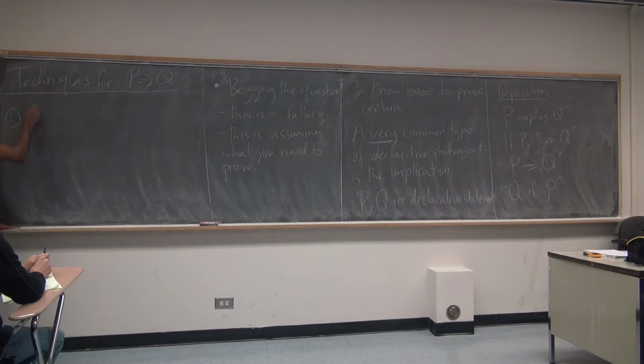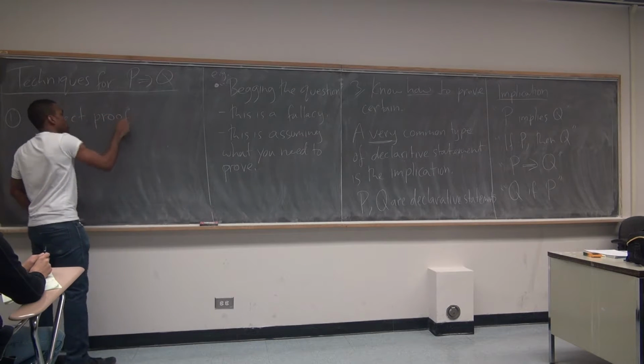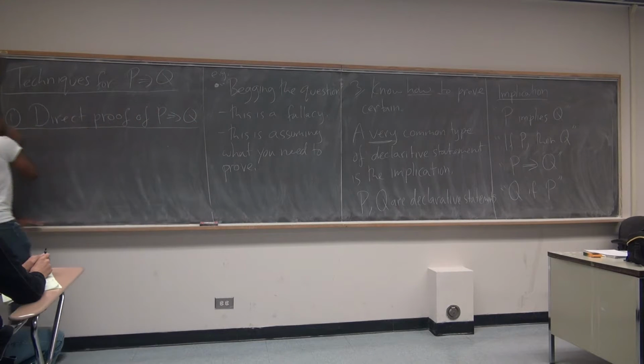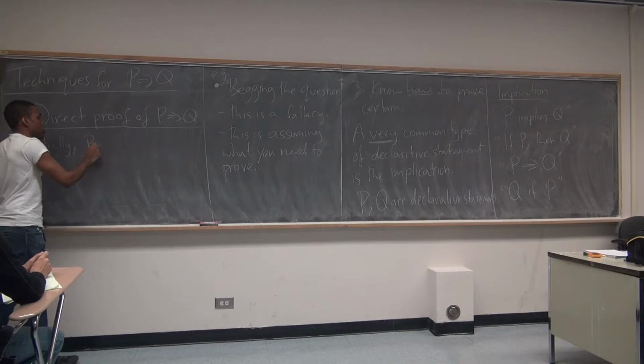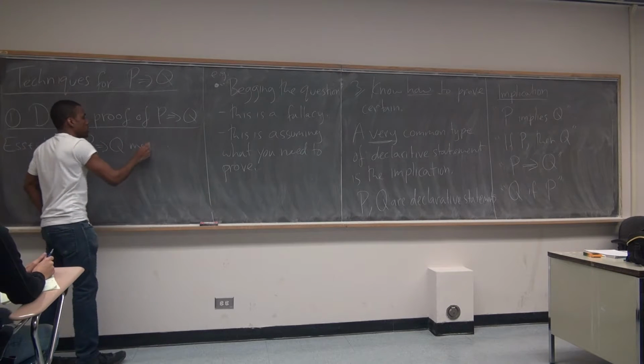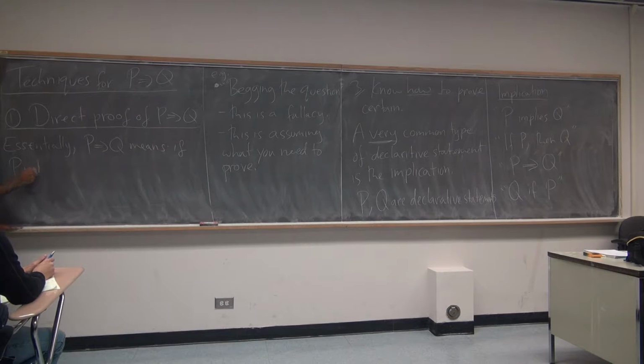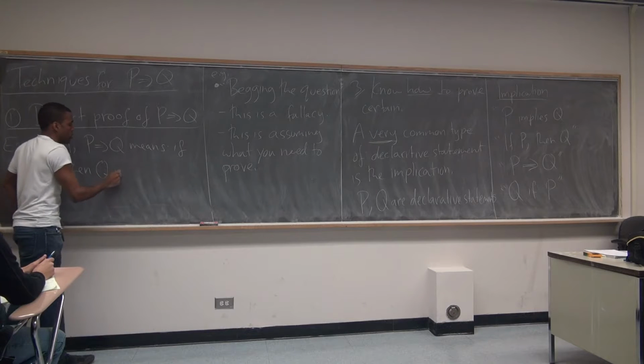Okay, techniques for P implies Q. There's one thing called a direct proof of P implies Q. Essentially, P implies Q means if P is true, then Q must be true.